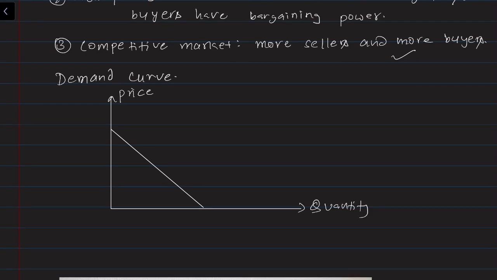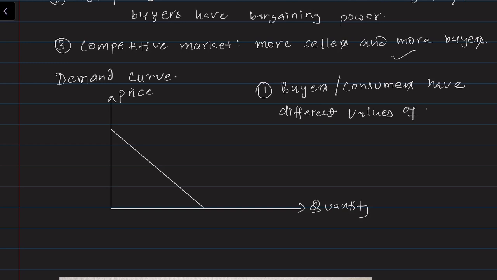Now the question arises, why is the demand curve downward sloping? I'll give you three arguments. First is buyers or consumers have different values of the good.